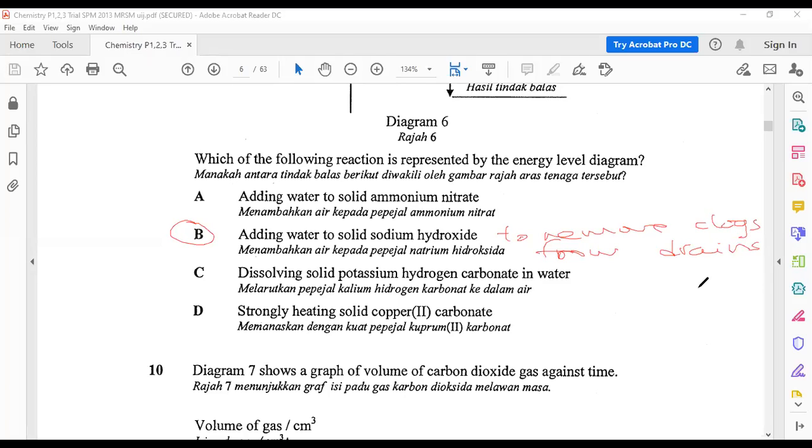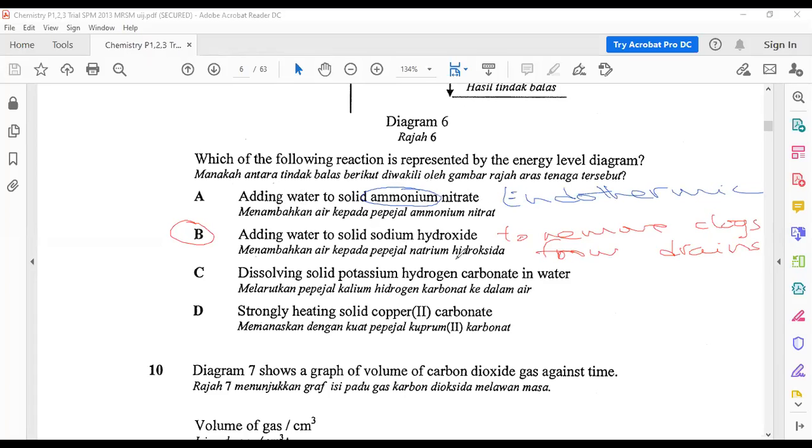Okay, now when you add water to solid ammonium nitrate, this is an endothermic reaction. Whenever you see water added to an ammonium salt, any salt with ammonium, then it is the endothermic reaction.